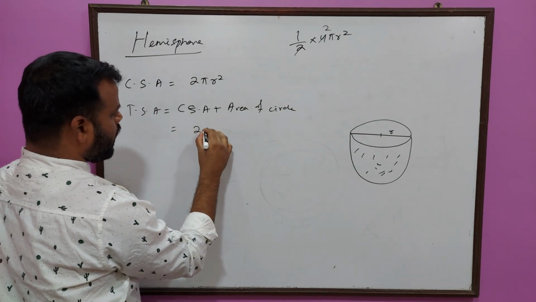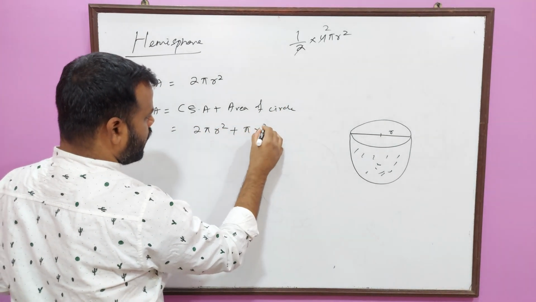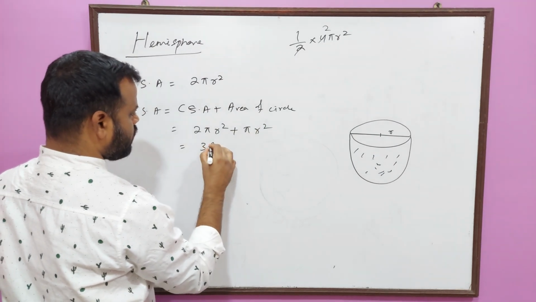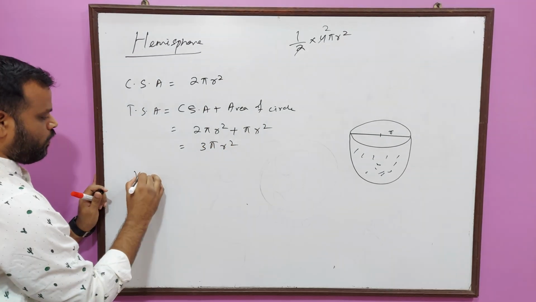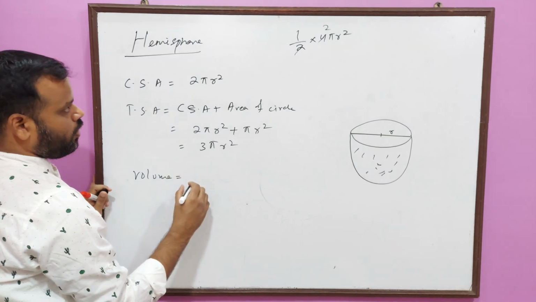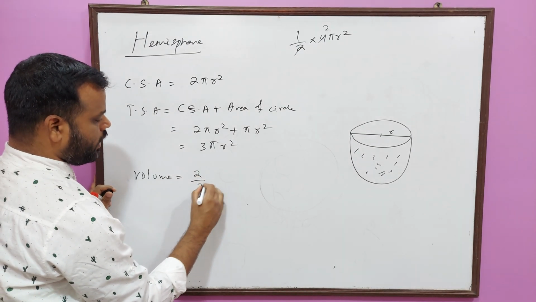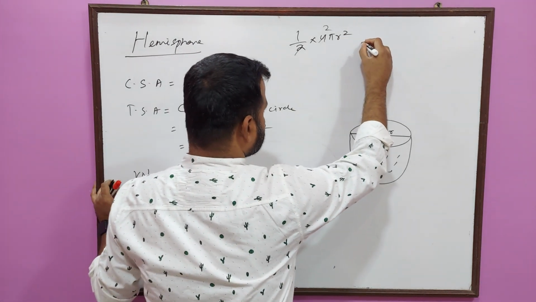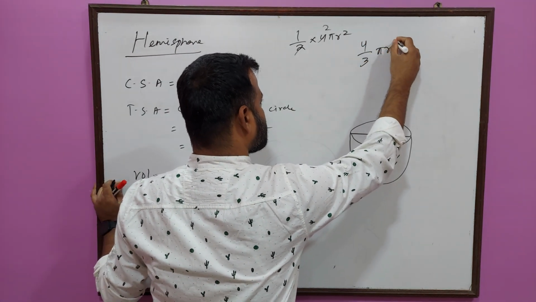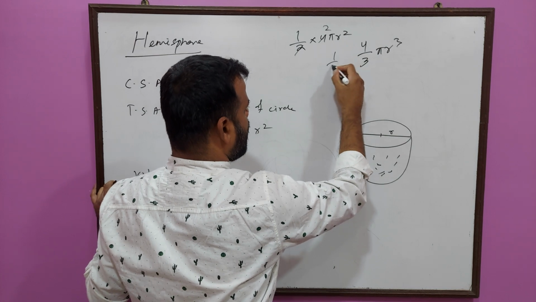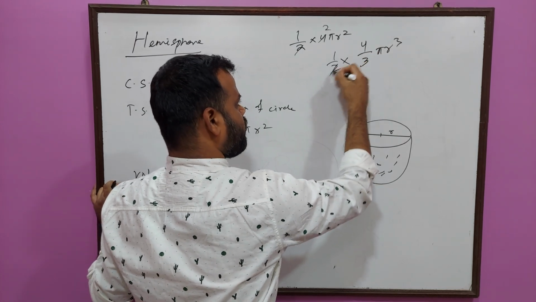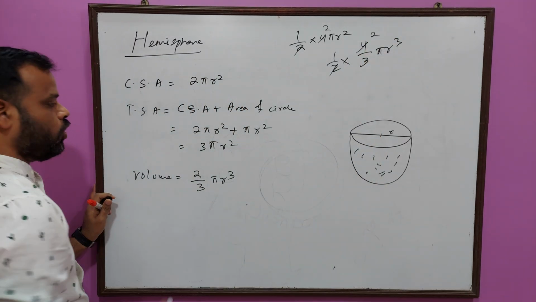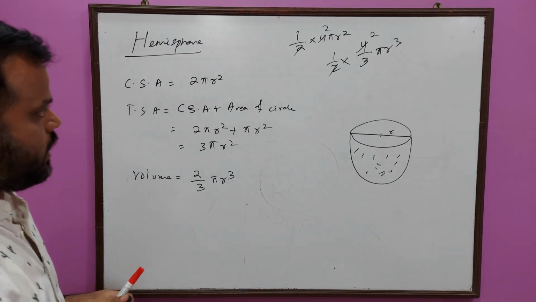So 2 pi r square plus pi r square, which is 3 pi r square, and the volume of hemisphere will be 2 by 3 pi r cube. The volume of sphere was 4 by 3 pi r cube, so half of sphere will be the volume of the hemisphere.